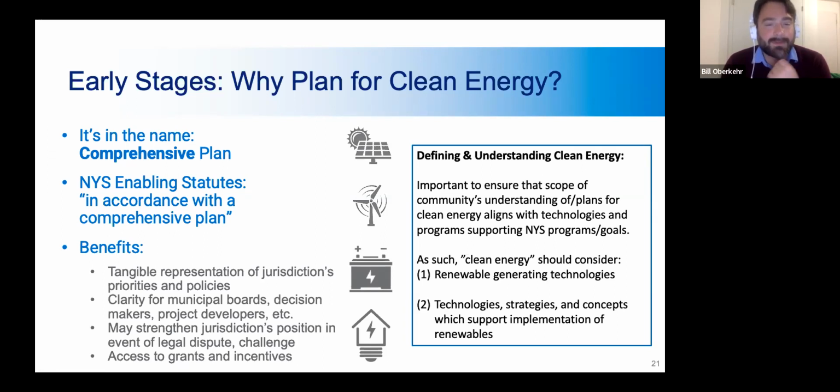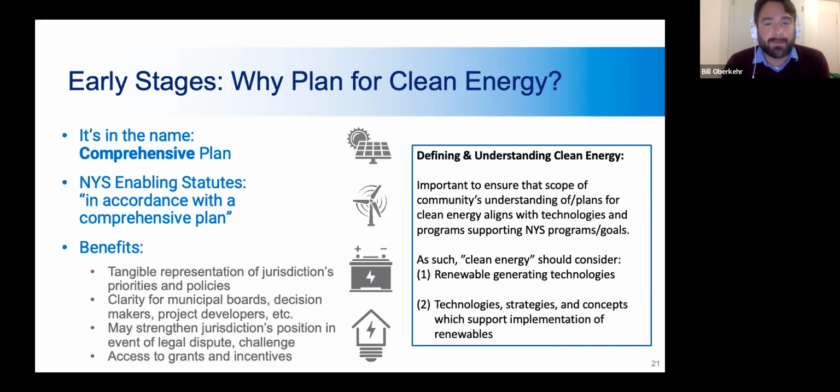Tangible representation of jurisdictions' priorities and policies, even at state level and federal level permitting processes, as I said before. Provides clarity for municipal boards, decision makers, project developers, pretty much any stakeholder who is or may be involved in clean energy development.